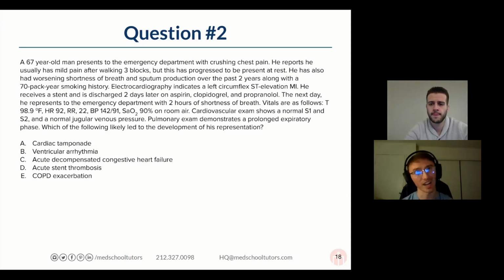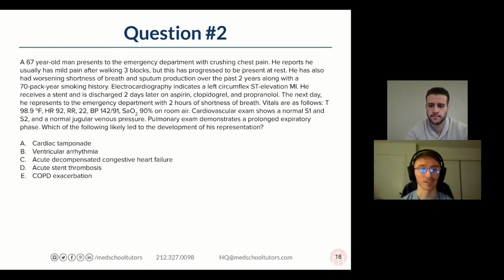I would also put emphysema on the differential, because with the 7-year pack-year history of smoking, you could put emphysema on the list too. And it doesn't really sound like a restrictive picture. It definitely sounds like an obstructive picture because he's having this prolonged expiratory phase. So those are the two subtypes of COPD that I would have on my differential.